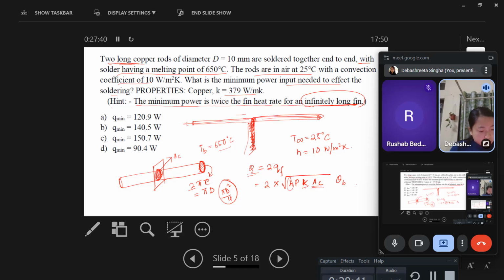Just directly input all the values and let me know the answer. Theta is Tb minus T infinity. Tb is given, T infinity is also given.